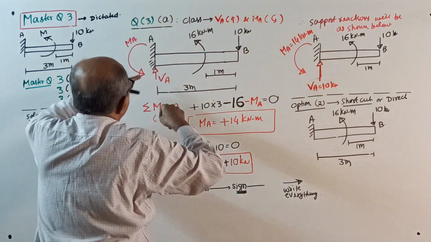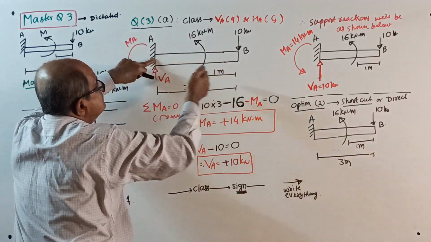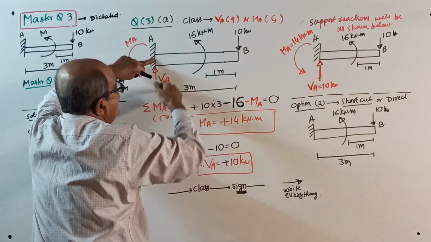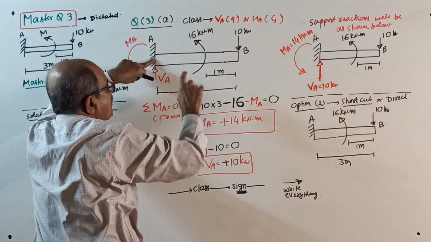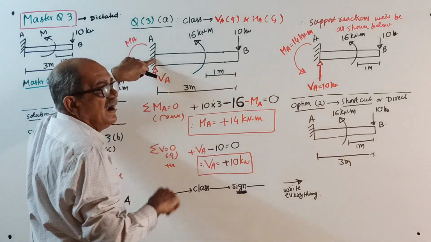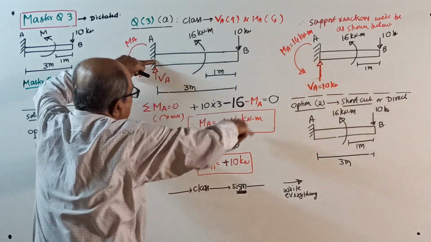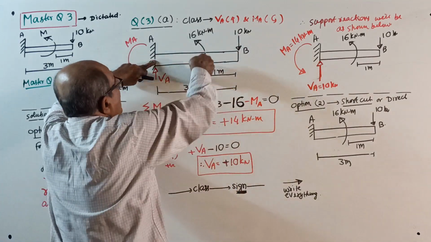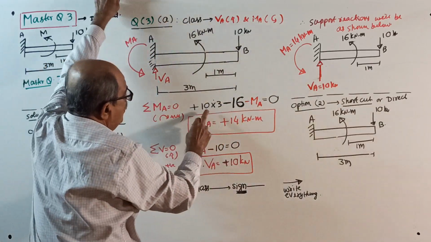Moment about A, you have to look this side and also this side. 10 into 3, clockwise, minus 16. For 16, no distance, it is a couple. This 1 meter actually is not required. It is given, so we will write it. So, clockwise: plus 10 into 3, minus 16, minus MA equal to 0.